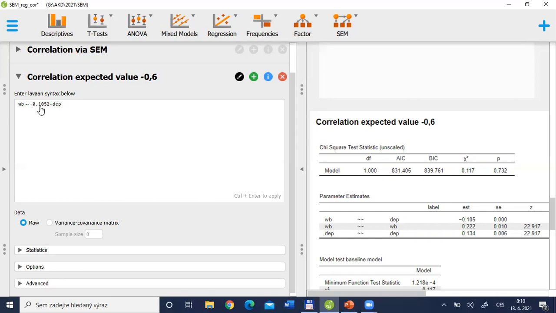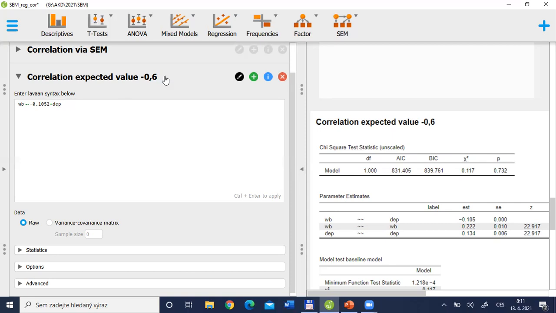And that's why it is written here. So if I would like to test a specified value of some parameter, I add it to the model as the value. So here, well-being double tilde, the specified value for covariance multiplied by depression. And this is the trick, I would call it, how we can start to test correlations via structural equation modeling.